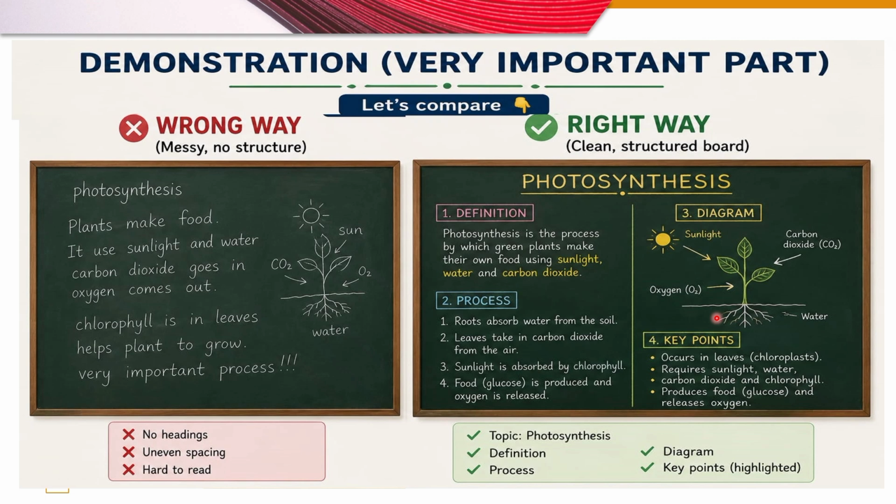So we can see very clearly that the previous one is a messy one, messy in the sense that it is not structured. And here it is a clean and structured board. Blackboard writing actually represents your teaching skill.